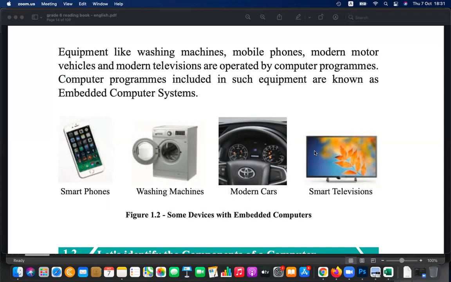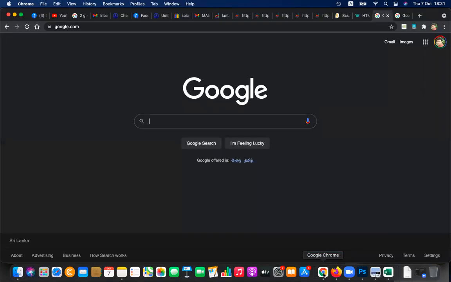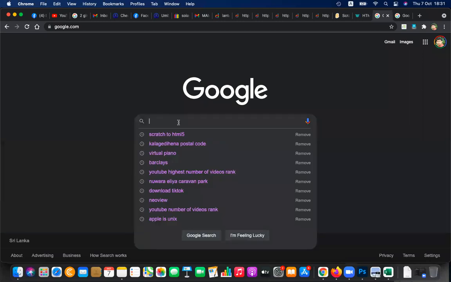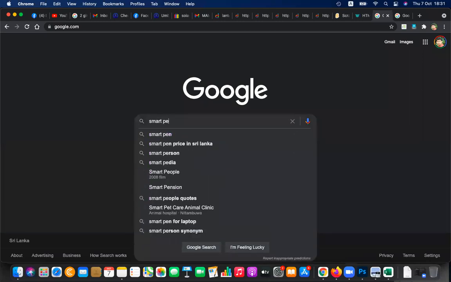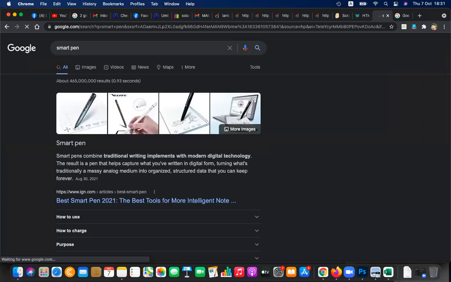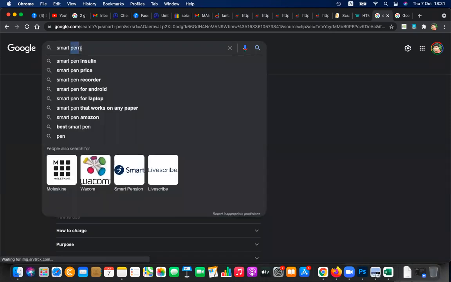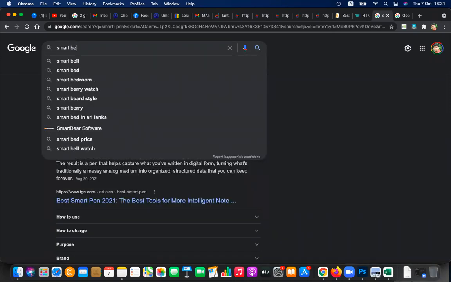Then, have you seen these smart gadgets, right? When it comes to smart gadgets, you can see a smart pen. So a pen can be smart. It can record, it can write, it can memorize. And a smart belt.